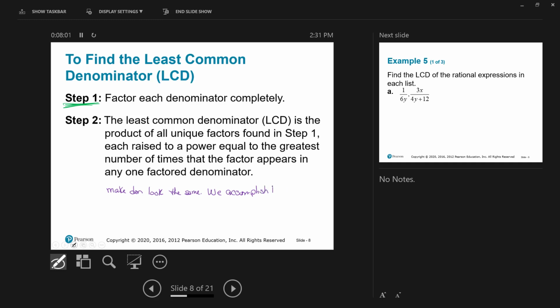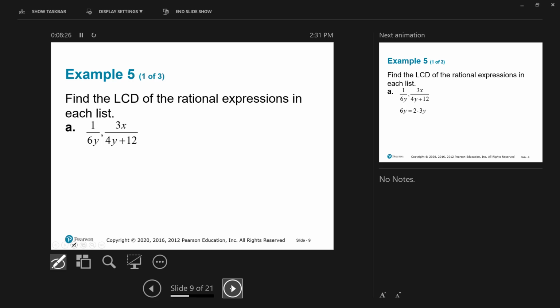We accomplish this by multiplying each denominator by what it is missing. So I just have a little bit of a different way of phrasing this step. So let's take a look at an example.